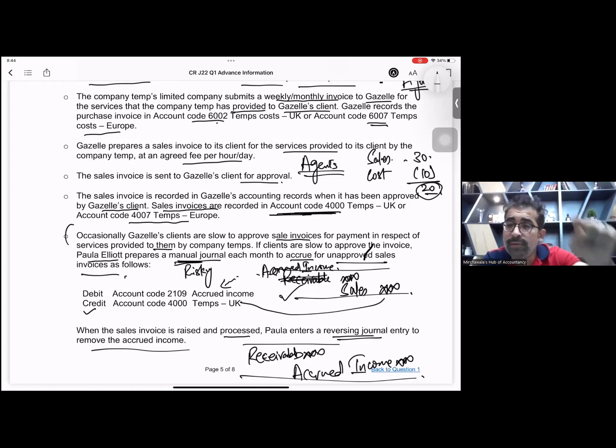If these people forgot to reverse the accrued income, and the second time when they are sending the official invoice, they treat it as the first time, there is a risk of double booking of revenue. So don't forget this point. The examiner can play with this point.